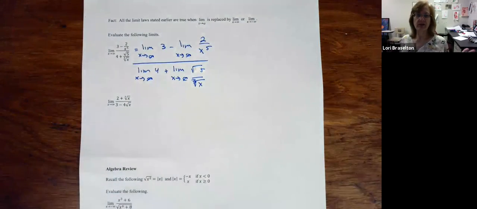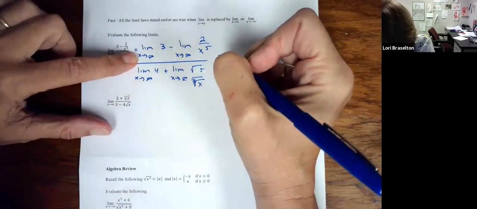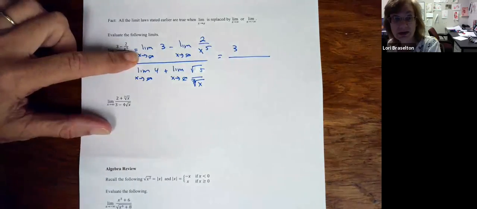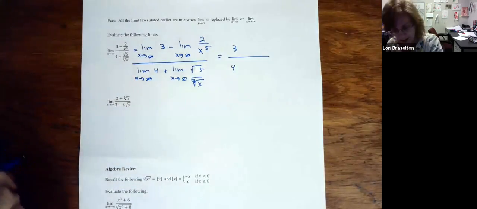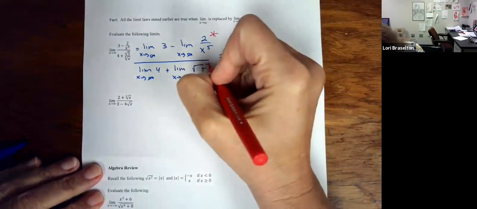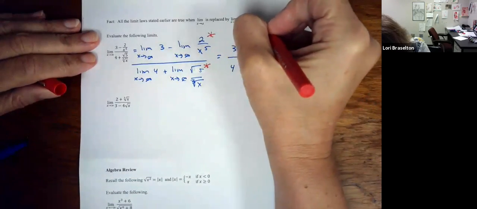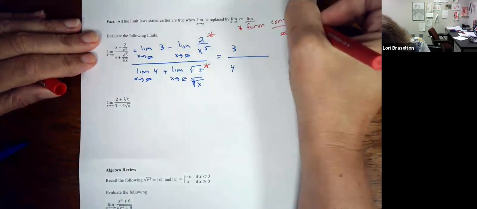Then, like I said, everything that you know is still true. So the limit as x goes to infinity of 3 is still 3. The limit of a constant is still a constant. The same thing here. The limit as x goes to infinity of 4 is still 4. Then both of these guys, we'll put a little asterisk here, both of those are of the form constant over infinity.